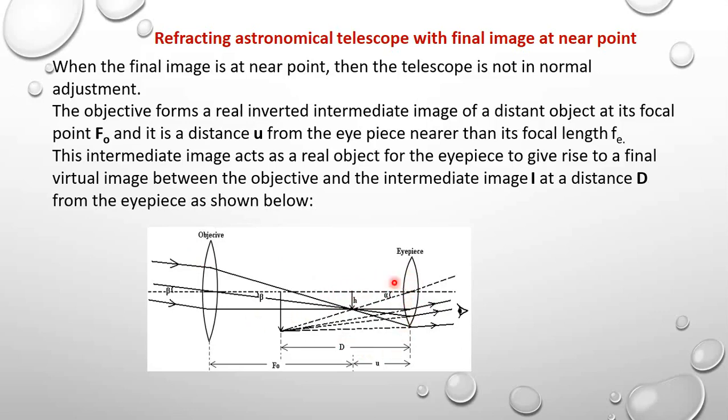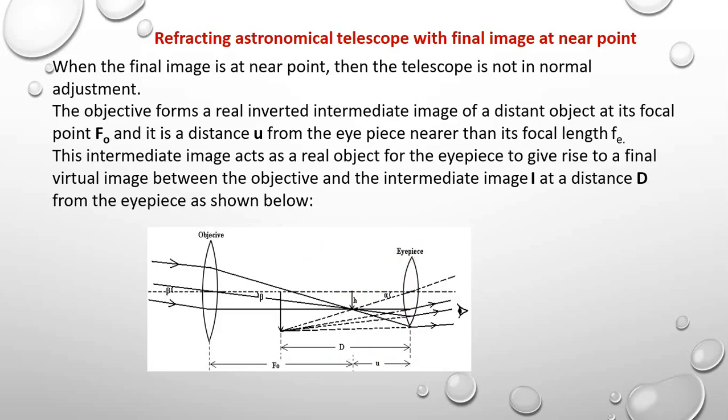Then the final image is going to be formed. So this intermediate image acts as a real object for the eyepiece, which thus forms an image at a near point. That near point is at a distance D from the eyepiece.